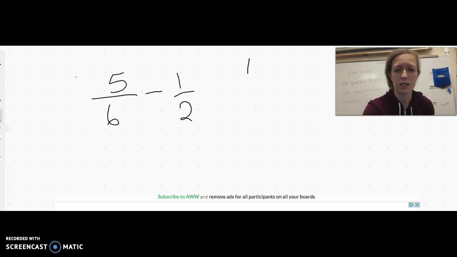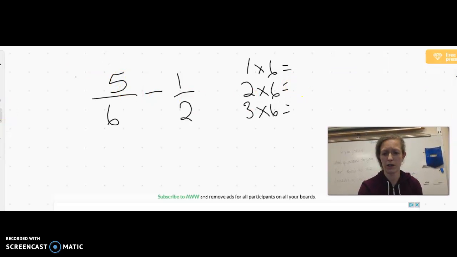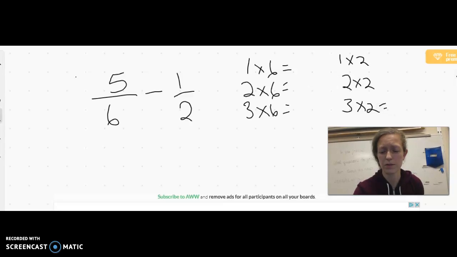So I'm going to work through my multiples of 6. So 1 times 6, 2 times 6, 3 times 6. And then I'm going to stop there. Okay, and then I'm going to do that for 2. 1 times 2, 2 times 2, 3 times 2, and then I'm going to stop there too.